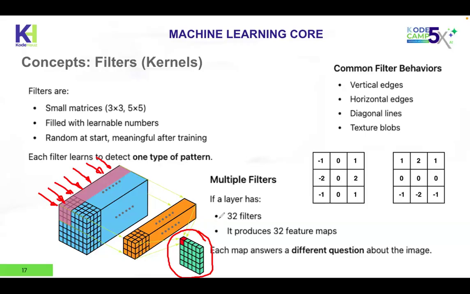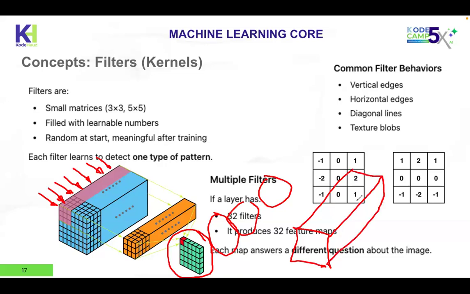So if you have another 32 filters, the 32 filters will generate another 32 feature maps, which when you stack them together is going to give you, in this case it's 5 by 5, 5 by 5 by 32, which is the output. And basically the output from that is just the same as this and becomes the input for the next layer, which is also going to use its own filters to scan like that.